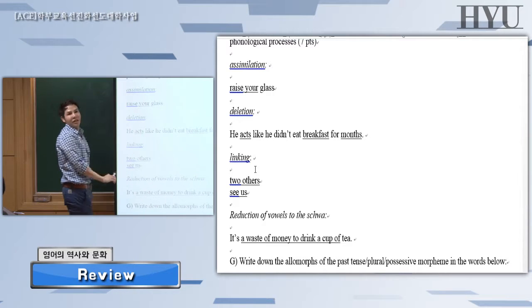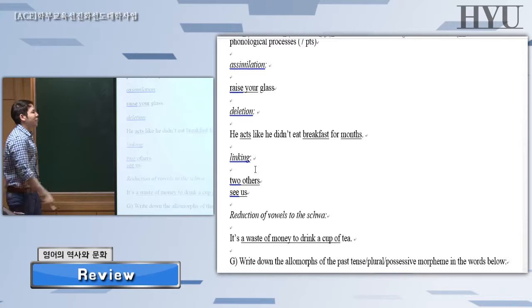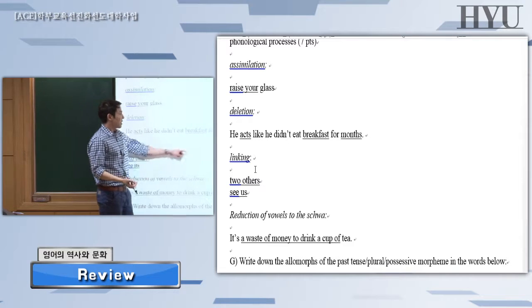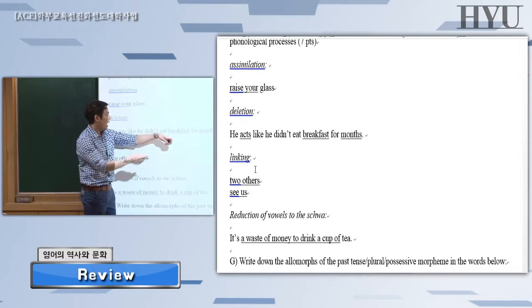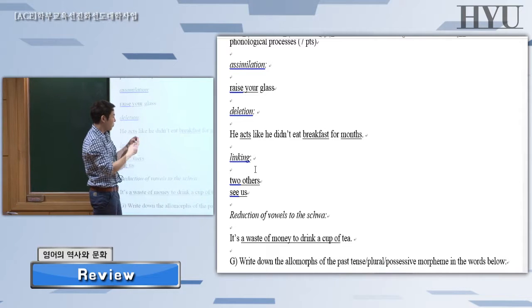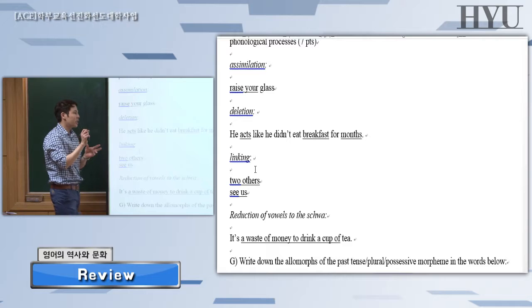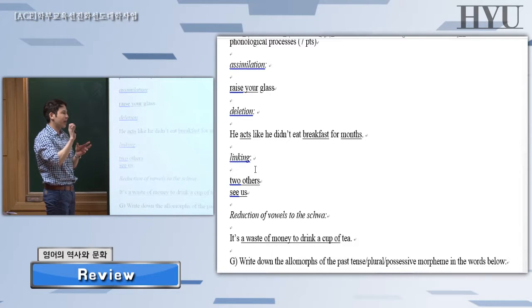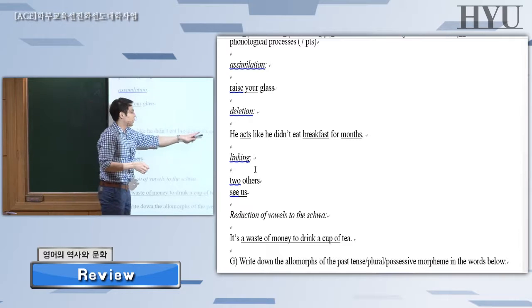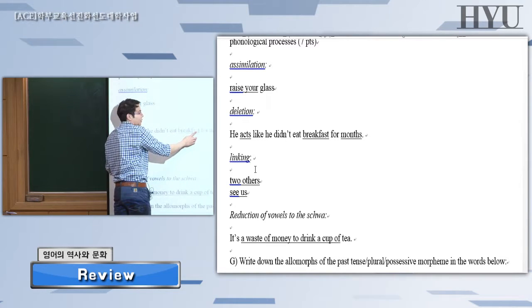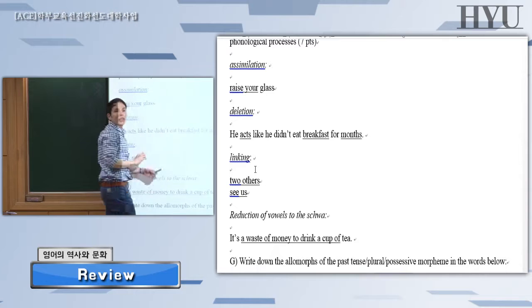Okay? He didn't eat breakfast for months. So breakfast here, the last t is not pronounced. Breakfast, not breakfast from months, like that. So STF, right? We have STF, so the T will get deleted.